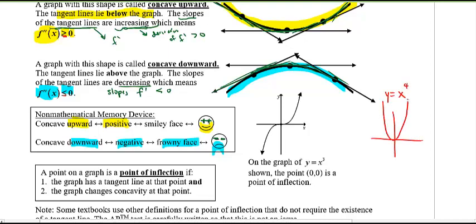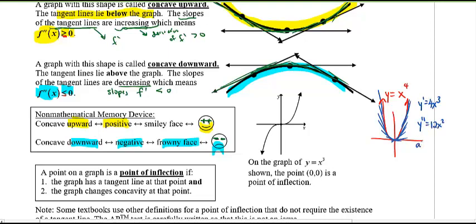I would say that the graph is concaving upwards everywhere because, look, the tangent lines go from very negative to 0 to positive, so notice the tangent lines are always below the graph, and the slopes of the tangent lines are always increasing. Now, let's quickly take the second derivative. The first derivative of x to the power of 4 is 4x cubed. The second derivative is 12x squared.